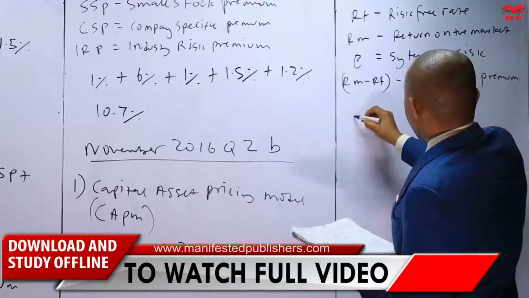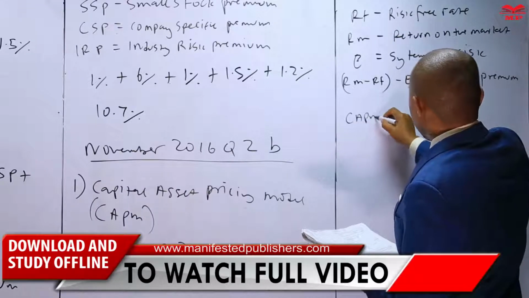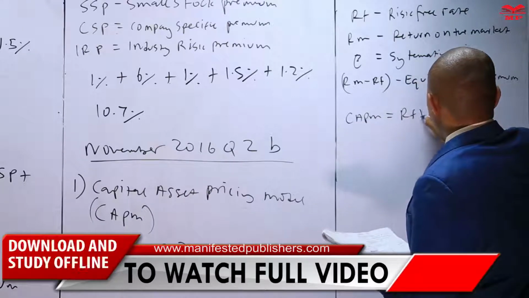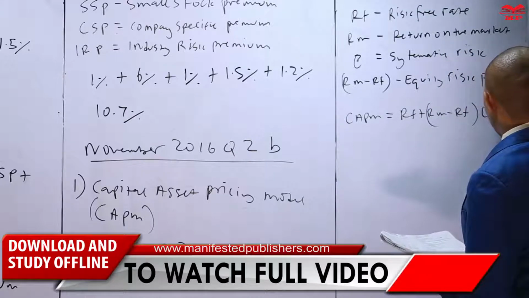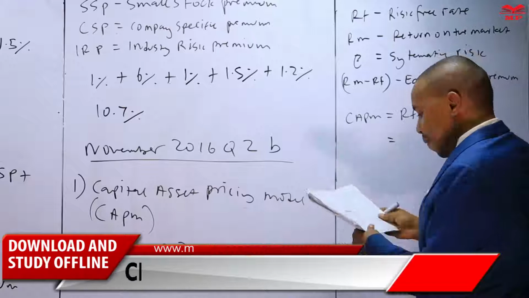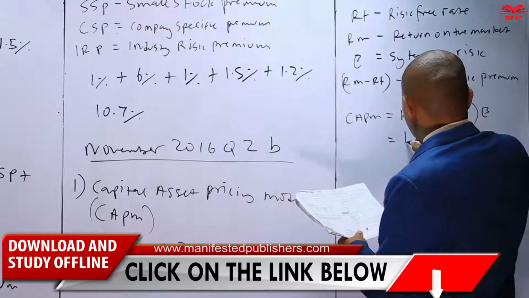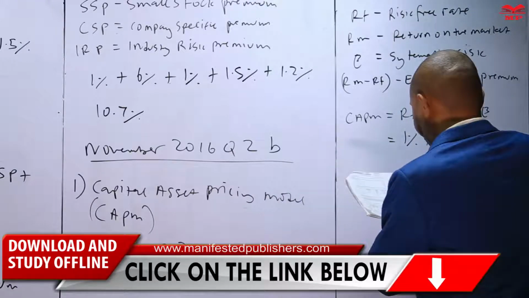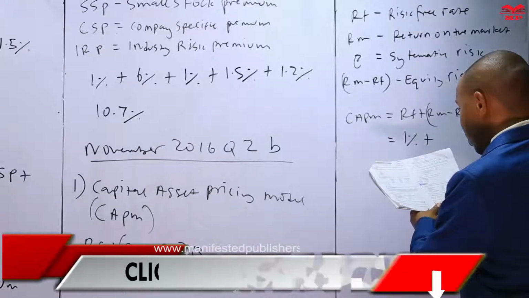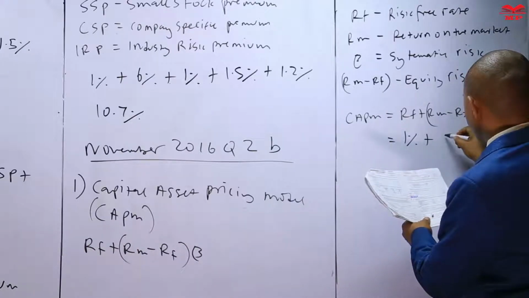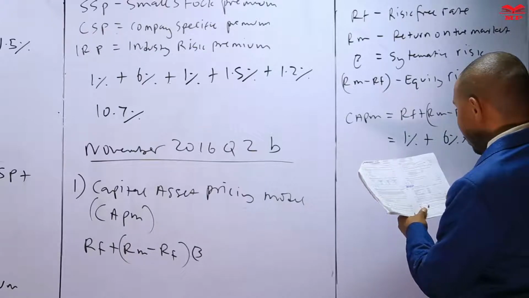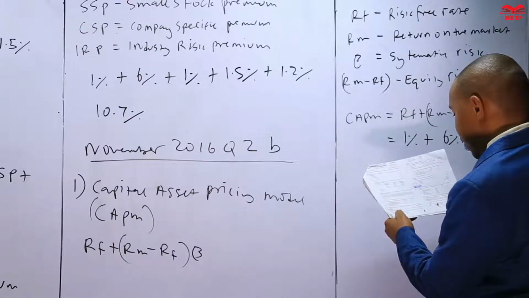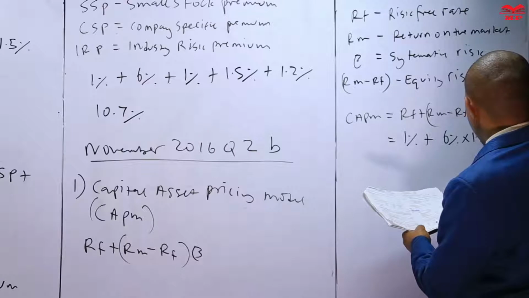So we have CAPM, RF plus RM minus RF times beta. RF, what do we have? 1% plus. Do we have the equity risk premium? Yes, we have equity risk premium. We're saying 6% multiplied by the beta. The beta we have been given as 1.5.